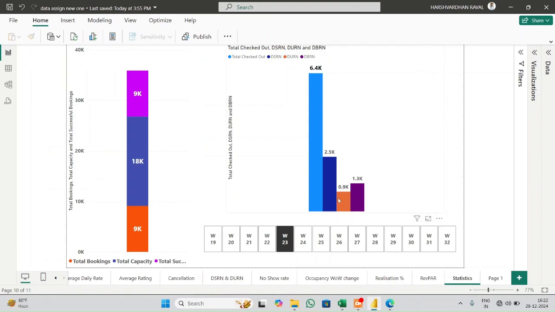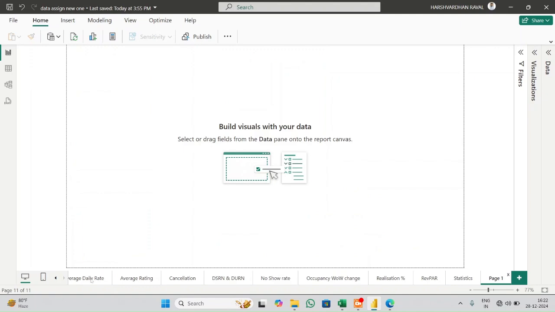That's why the difference between the two numbers is there. Daily booked room is 1.3k, but daily utilized is 1k only. So 3k customers are either cancelling the booking or not showing up at the hotel. There are these issues.